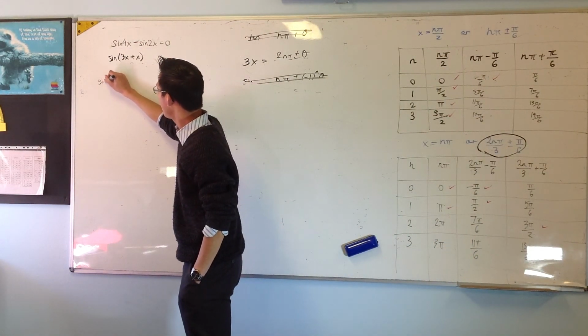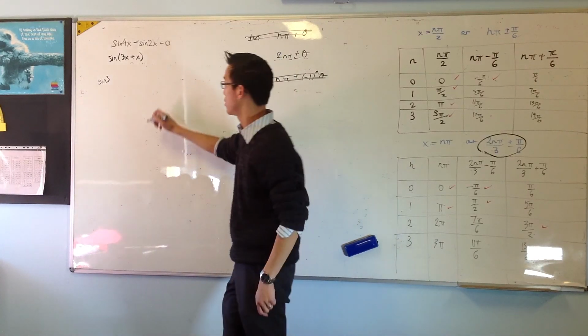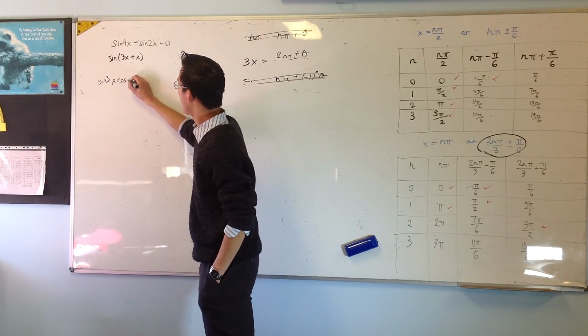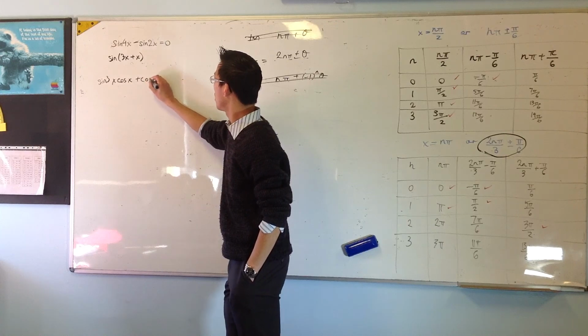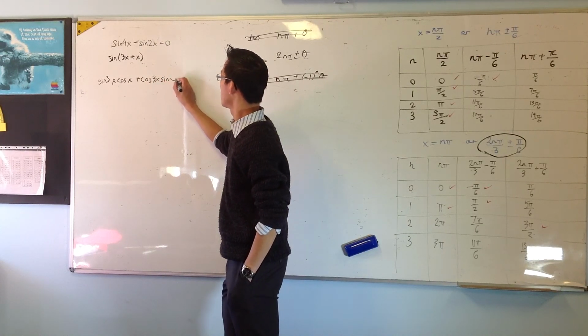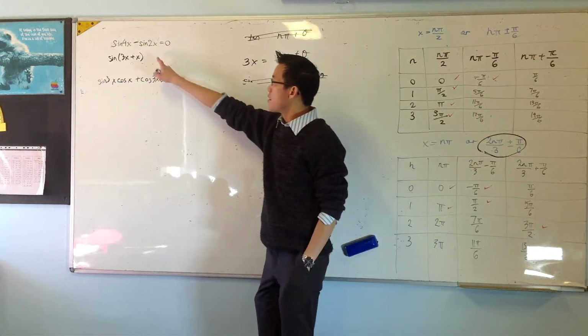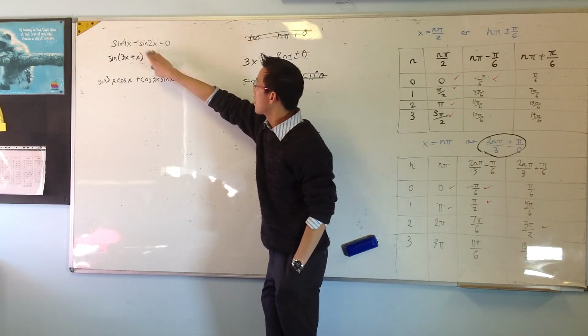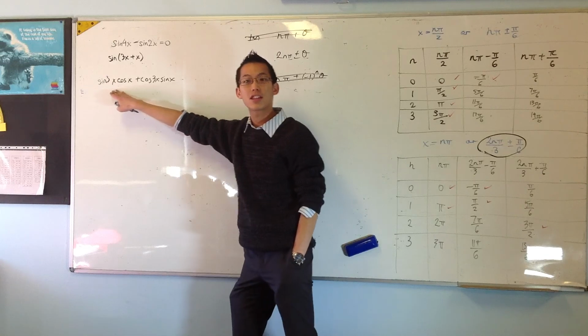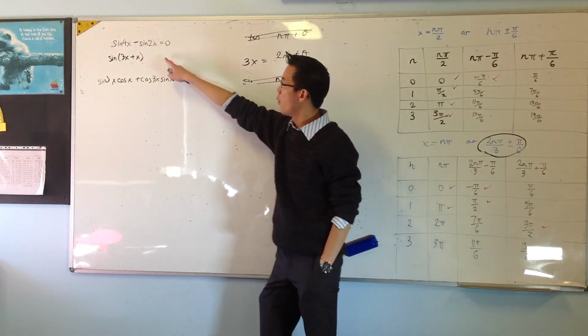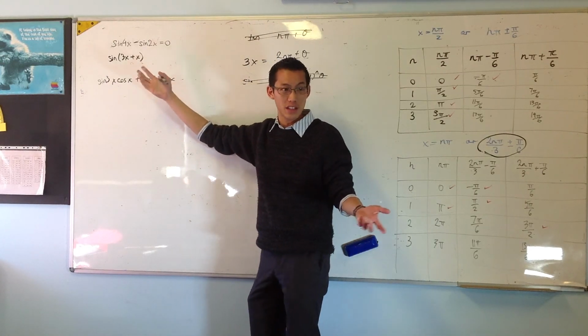You're going to get, this is just our regular old sine expansion, sine A cos B plus cos A sine B. So far so good. Now you might think, what am I going to have to do to this sine 2x in order to get it to interact with this? Well, the normal way that you would break down sine 2x is with double angle.